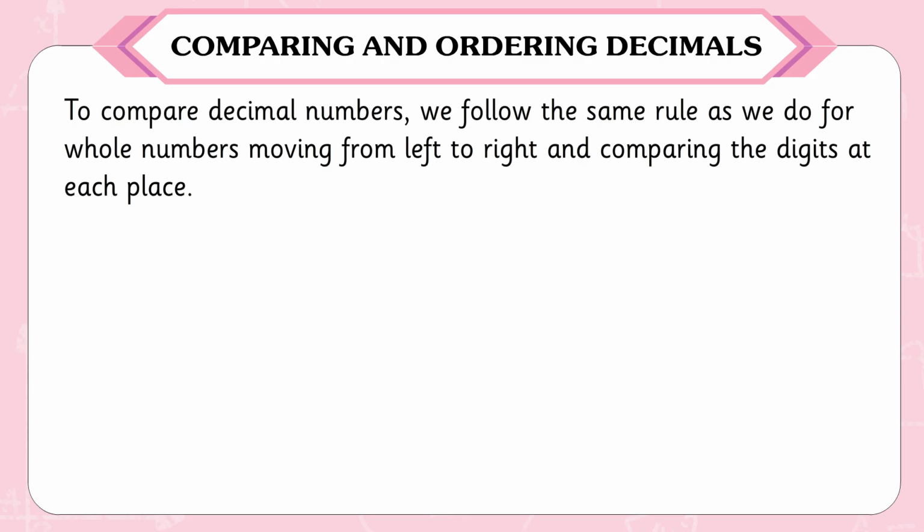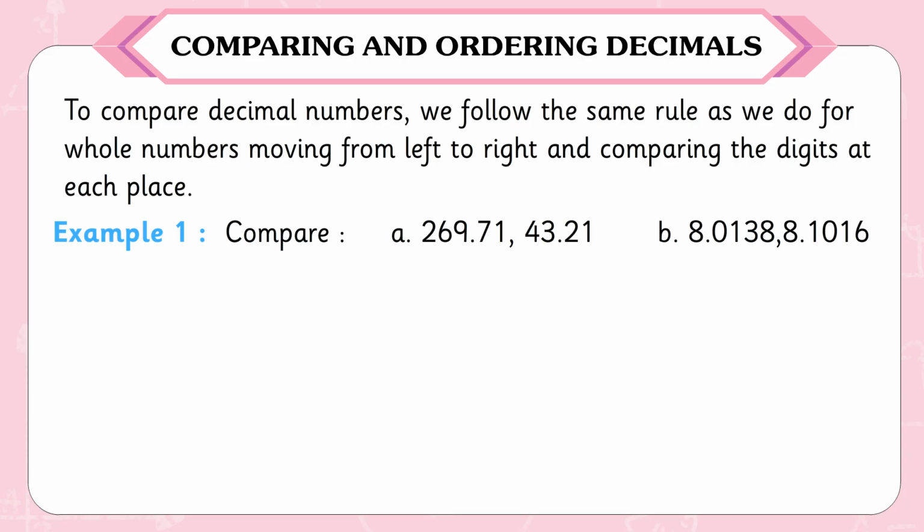Comparing and ordering decimals. To compare decimal numbers, we follow the same rule as we do for whole numbers, moving from left to right and comparing the digits at each place. Example 1. Compare A. 269.71 and 43.21. B. 8.0138 and 8.1016.